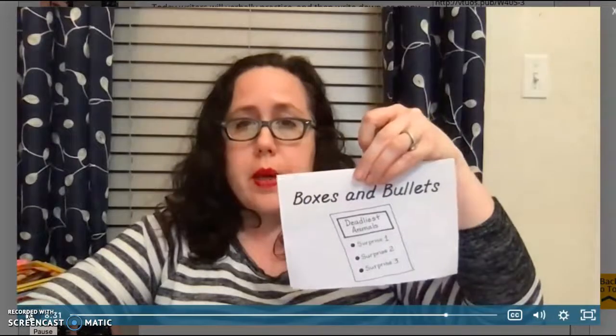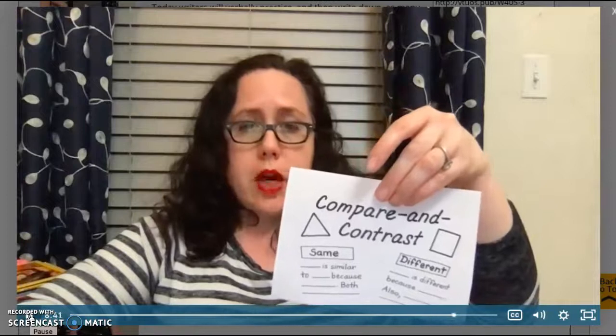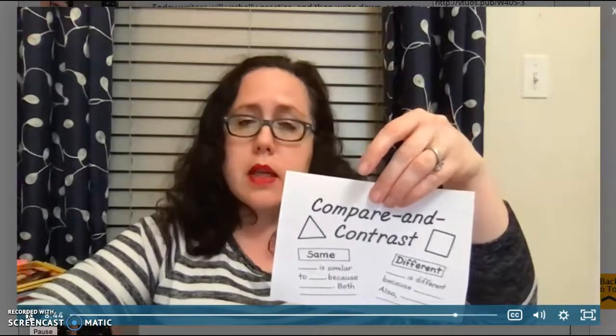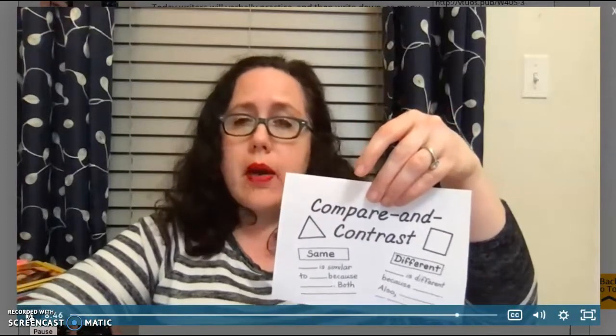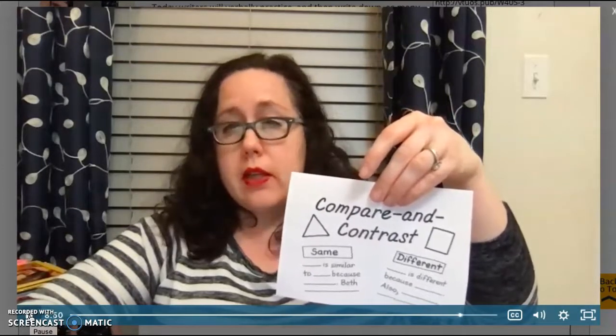So if you'd like to try this today, you might try one, you might try four. Try each one for a minute or two and then move on. You might try your topic with boxes and bullets, that main idea and detail type thing. You might want to do compare and contrast, taking your topic and looking at some aspect of it and thinking about how it is similar or different to something inside of it or outside of it.